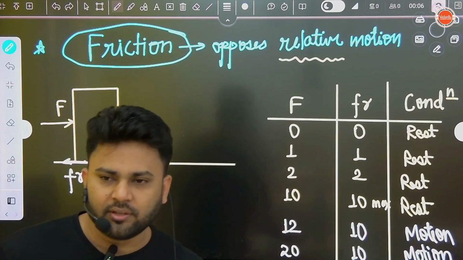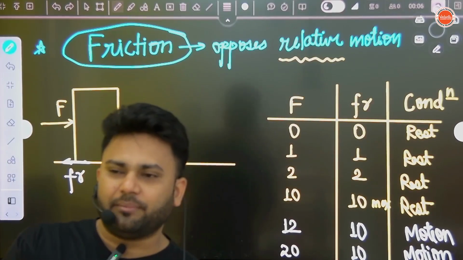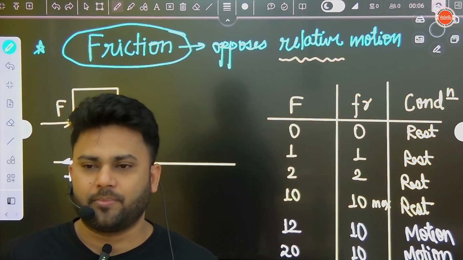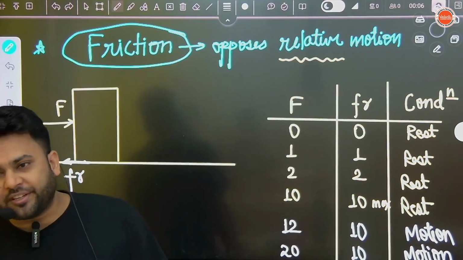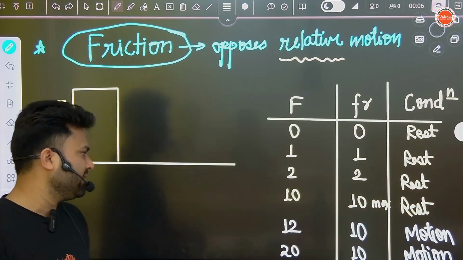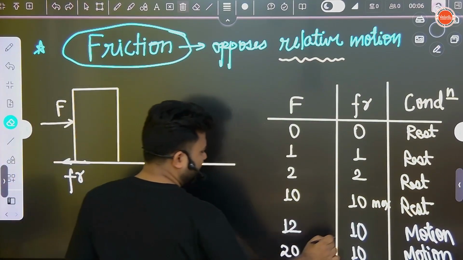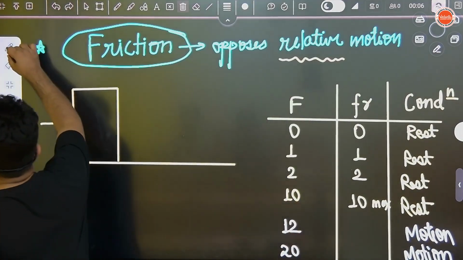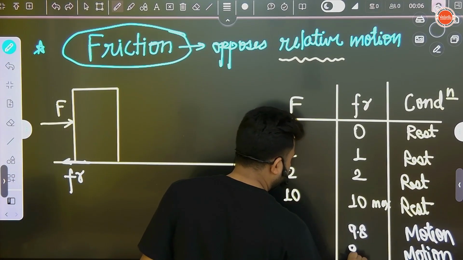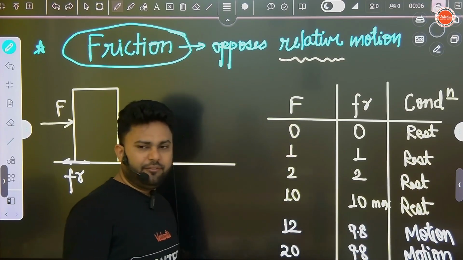If I cross, he is still applying 10 only, but now he gets a little bit demotivated, so a little less than 10. So always remember, when the object is in motion, friction applies the maximum, but a little less. Here I can write 9.8, and the rest 9.8 will be fixed.